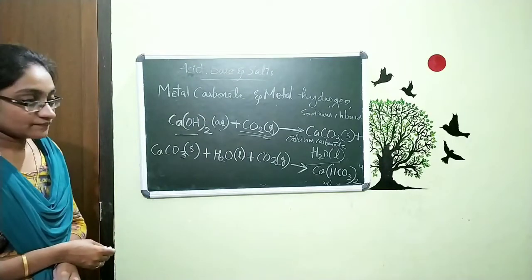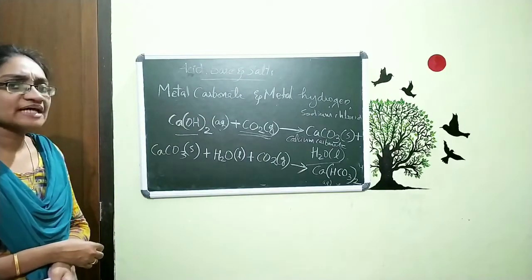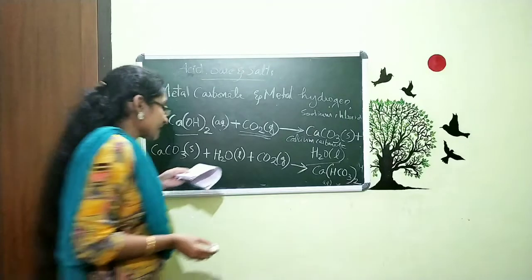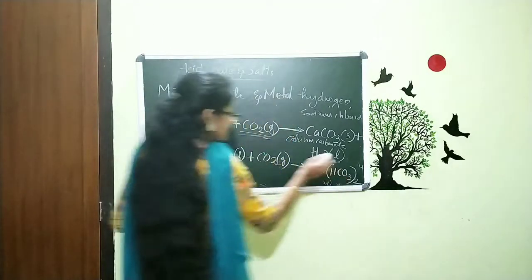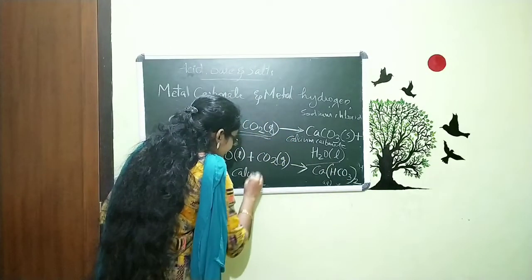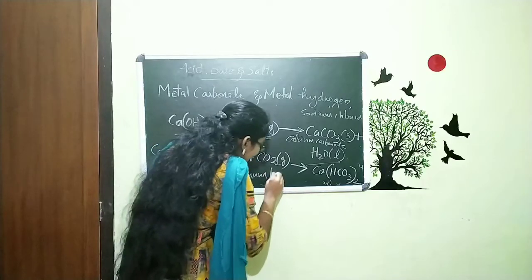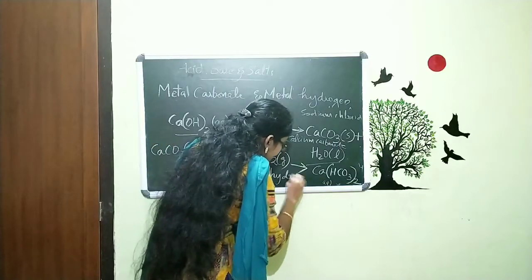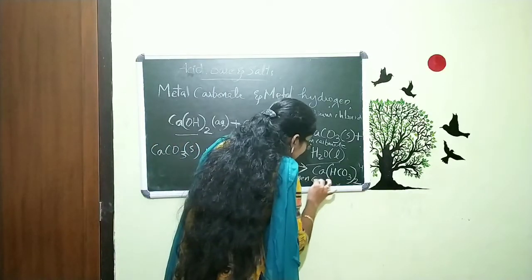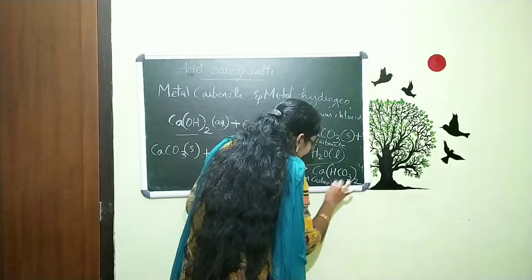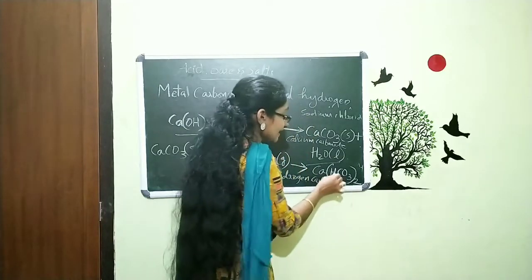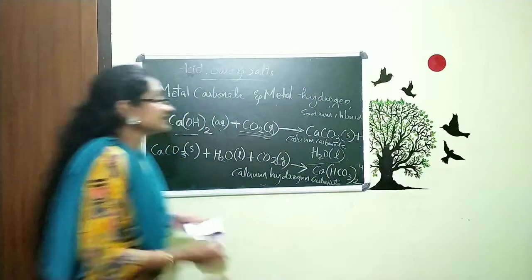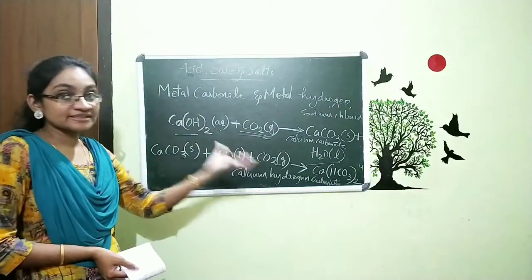And what is the name of that? The name is calcium hydrogen carbonate. That is the final product that will be there in the beaker.